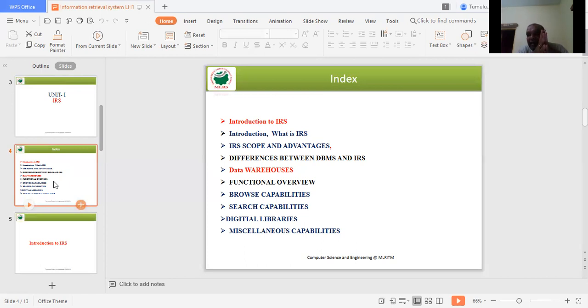In the IRS system, the retrieval process retrieves that information from the history files. The history files are maintained once in a week, once in a fortnight, or once in a month. The updations are done to the history file, and the retrieval process is done through the query.